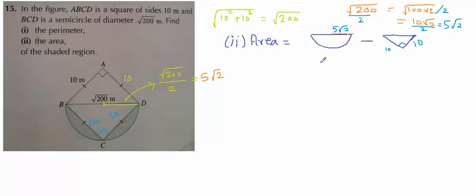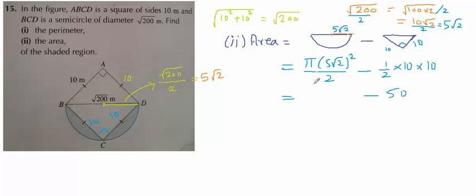Then simply this area will be equal to pi r square divided by 2. So pi times 5 root 2 square divided by 2, and then we subtract the area of the triangle, which is half base into height, so half times 10 times 10. So this is 100 divided by 2 is 50, and this will be 25.